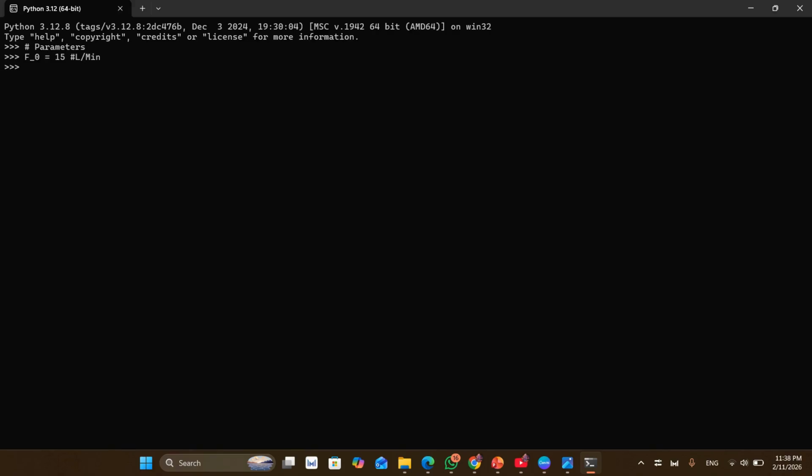Then define my entering concentration, Ca naught, which is 2.5, with the unit mole per liter.